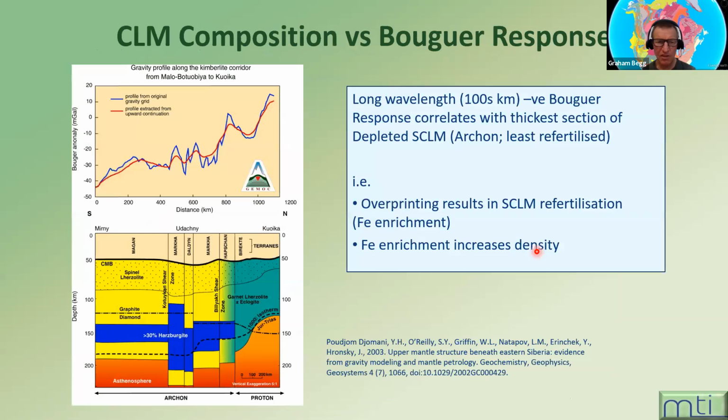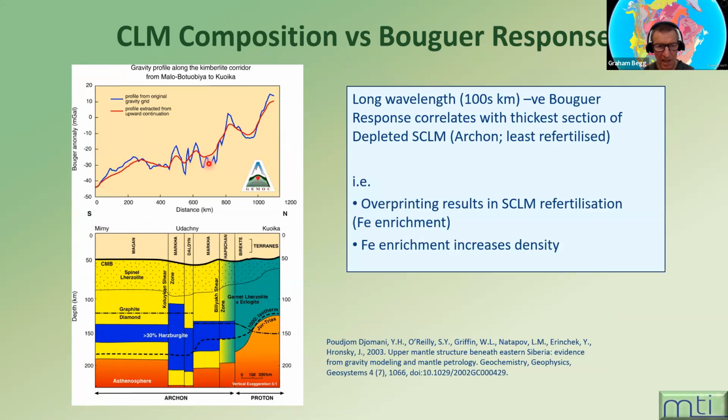If we look at a cross-section of the composition of the lithosphere here from southwest to northeast, under here we've got a big thickness of very depleted compositions. So in other words, very magnesium-rich compositions. And over the top of that area, the gravity profile is about minus 30 milligal.